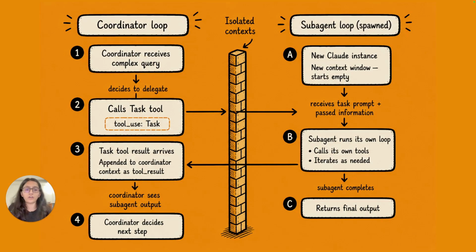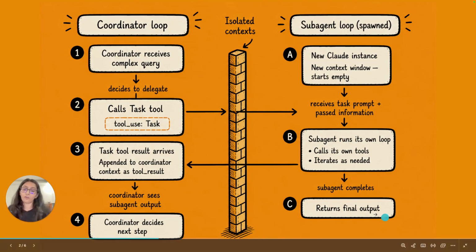It never saw the sub-agent's tool calls or intermediate results. It only sees the final output the sub-agent returned. This is why the output format matters so much. It's the only communication channel between the sub-agent and the coordinator.